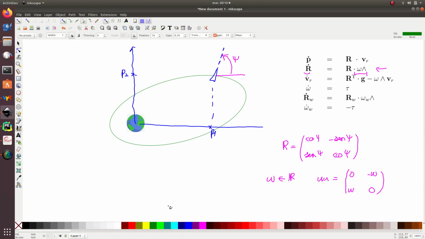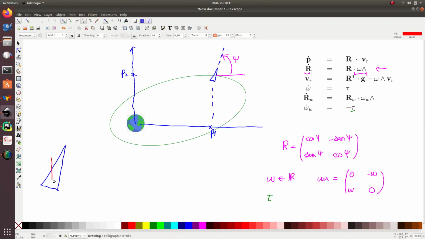The quantity τ corresponds to the torque. Inside the satellite, which I represent like this in a big format, there is some kind of wheel.